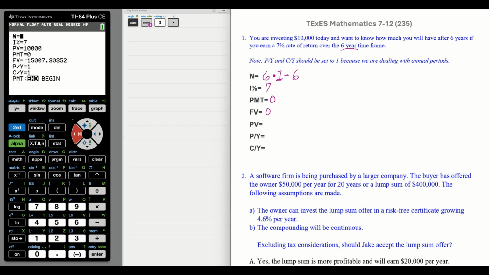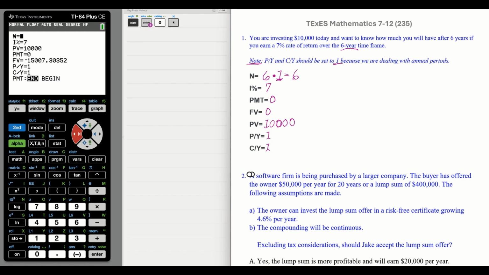And then present value for us is the 10,000. Now you'll see this note right here. It's about compounding, and we will use this in one of the questions. But for right now, all we have is one time a year, every year.